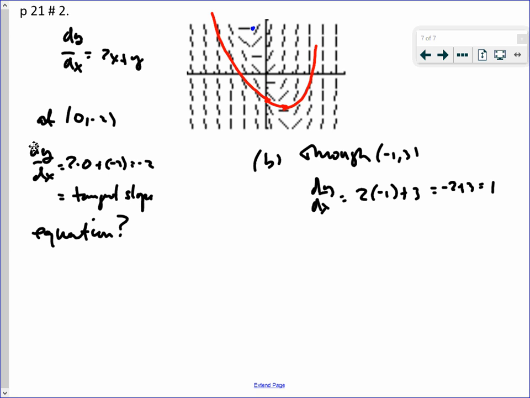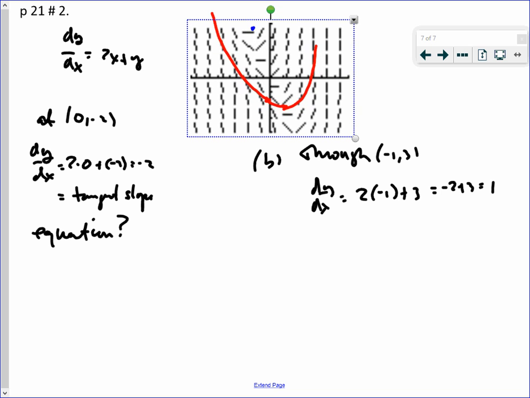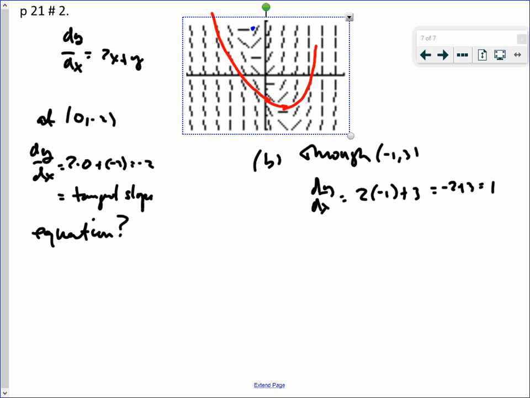The smart board put it a little bit high. Anyway, it's not about there. It's a little bit further down than that. (-1, 3) is about there, and the slope is positive 1, so it's actually going up at that point. So it would be something like that.